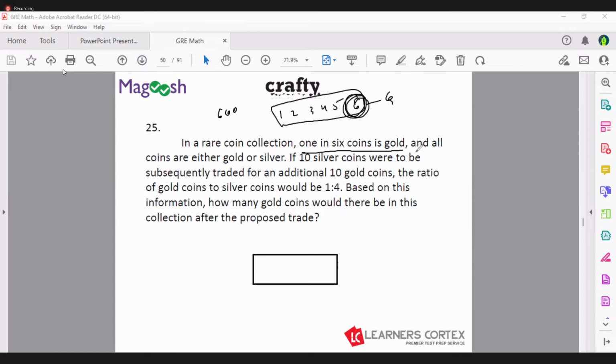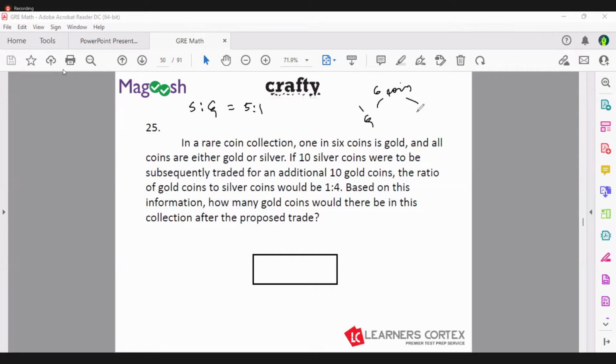And all the coins are either gold or silver, which means the remaining of them are silver. So we can write it as silver to gold is 5:1. So with every 6 coins, 1 would be gold and 5 would be silver.